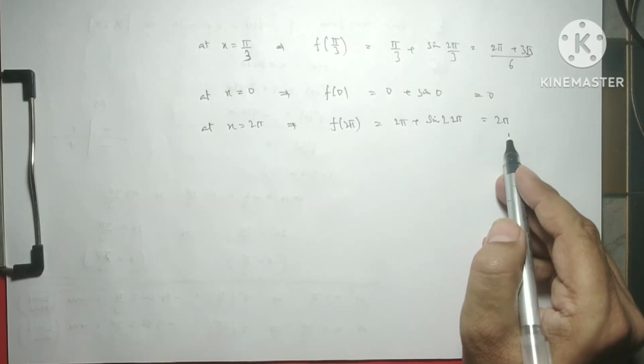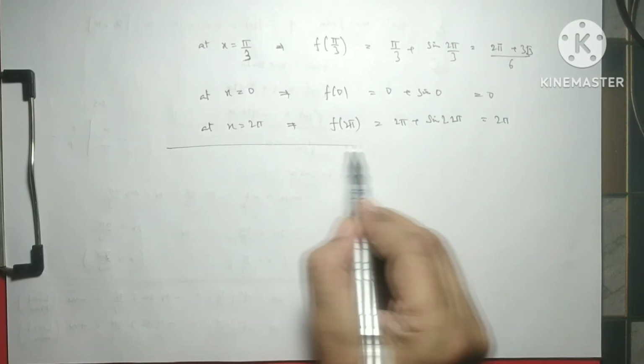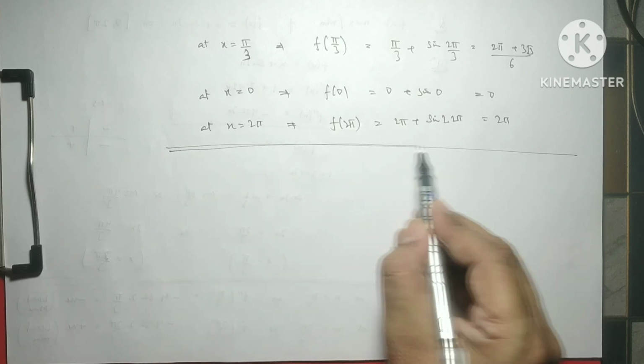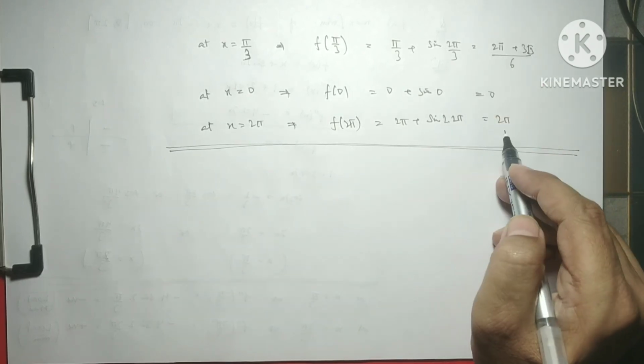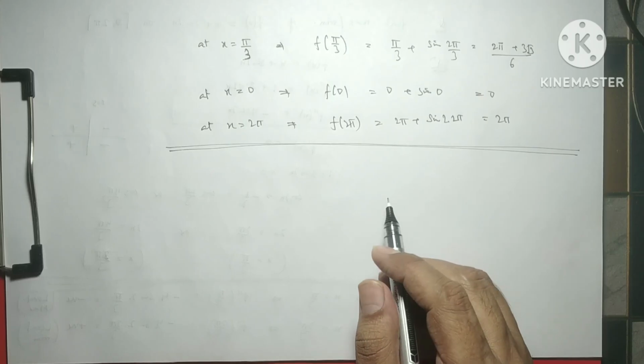So you have these three values and you want to collect the maximum value. The greatest value among these will be the maximum value.